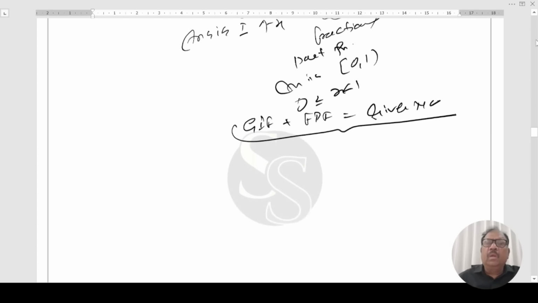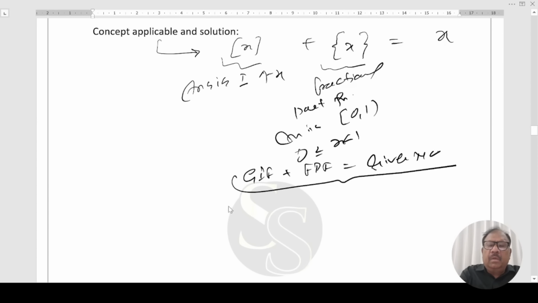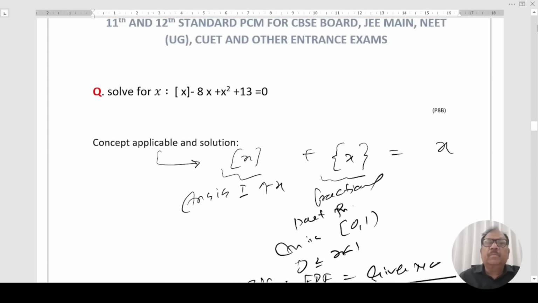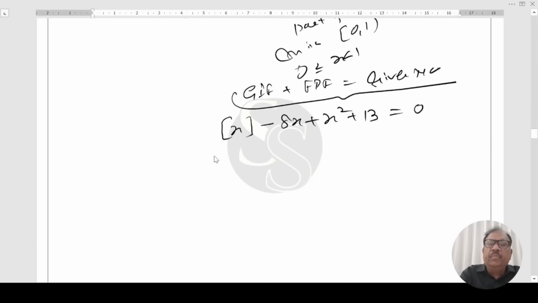Right? Now, start the question. Minus 8x plus x square plus 13 equal to 0. Now using the relation, x minus fractional part function, minus 8x plus x square plus 13 equal to 0.